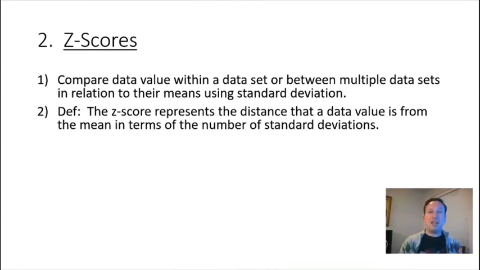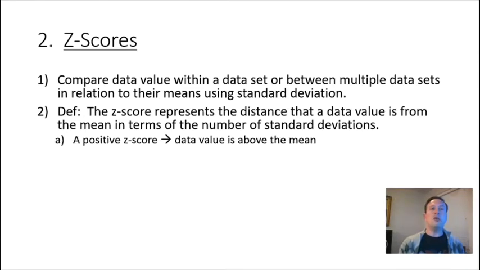Remember, standard deviation is the average distance from the middle. So a z-score will be a number that is given to every single data value to determine how far it is in terms of the standard deviation. Plenty of examples to follow.